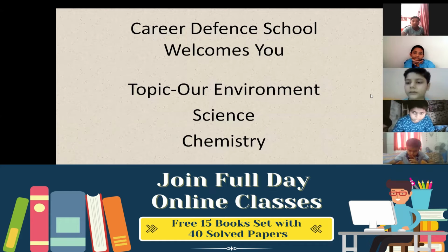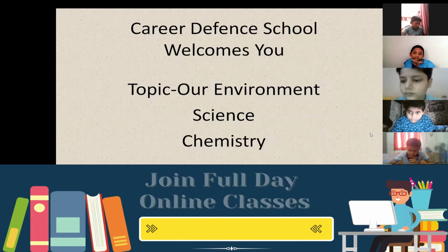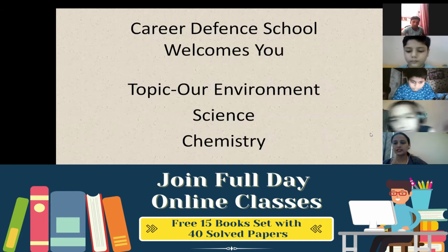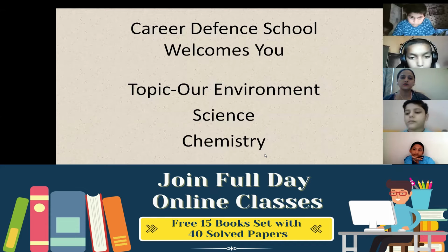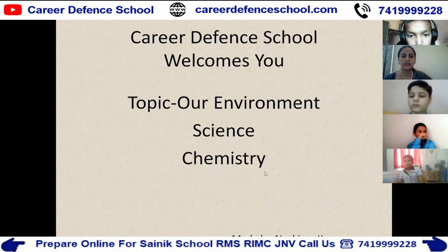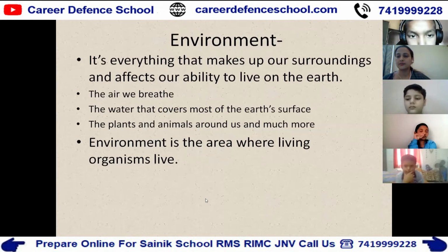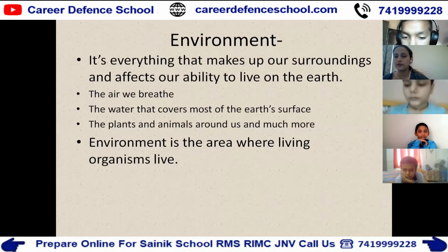Okay, lower your hand. Hands down, beta. I will explain what is environment. Environment is the surroundings which is around us. Everything which is around us is called a part of our environment.